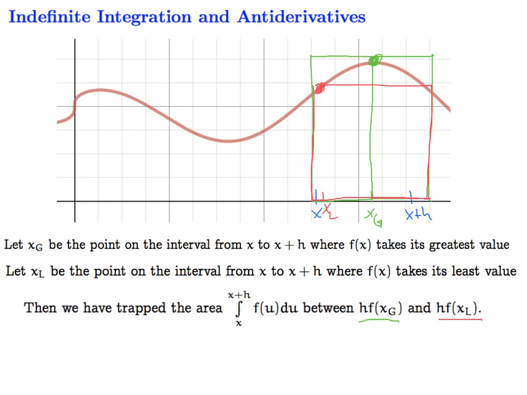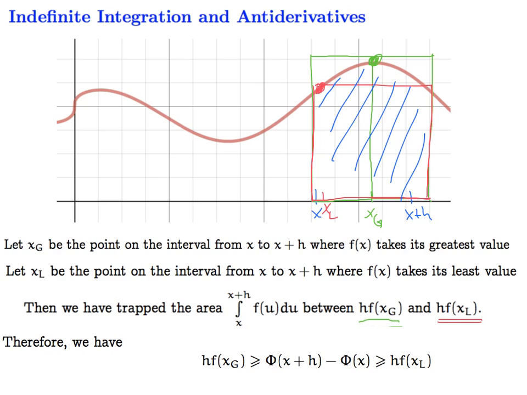The red rectangle is a lower approximation for the integral. The green rectangle is an upper approximation. And so this traps the actual area somewhere in between these two areas. Therefore, I've trapped my numerator in between these two other area computations. I've really trapped that integral right there.